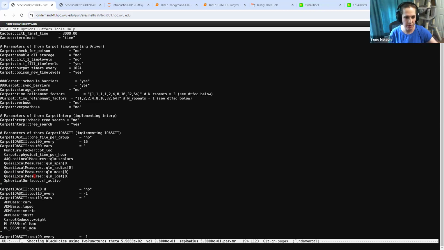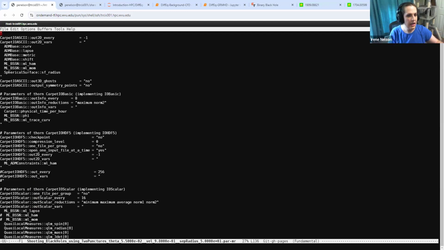So that's an important thing because that's what we're looking to measure. And then it can also output things like the lapse, which is sort of, as I mentioned, related to the gravitational time dilation. Information from the parent horizon finder, which we'll use to examine the trajectories of our black holes in a little bit.